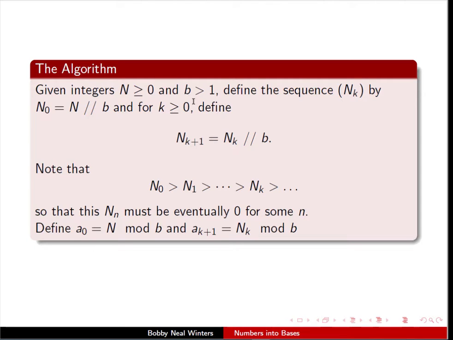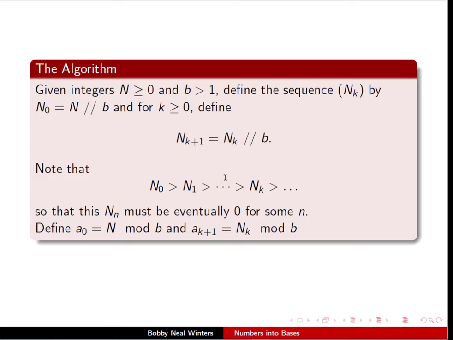I start out with a sequence of n's. I'll let n sub 0 be n integer divided by b, and I will then proceed recursively, defining n sub k plus 1 to be n sub k integer divided by b.